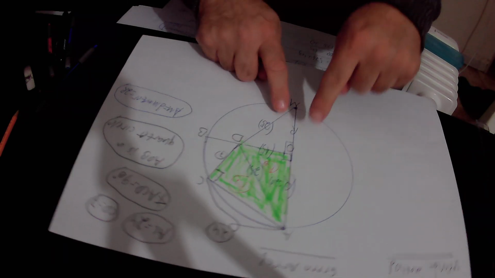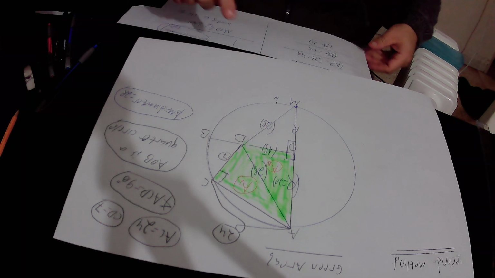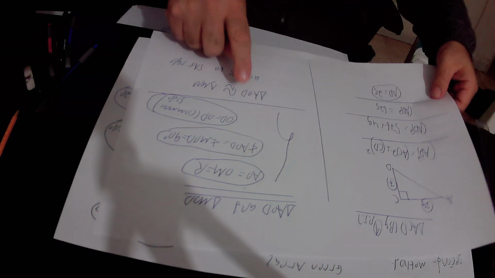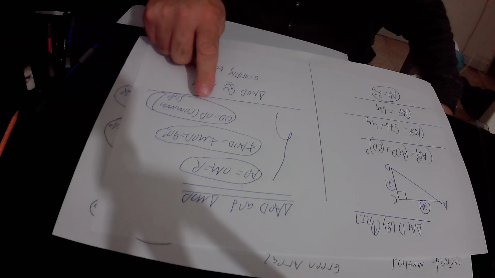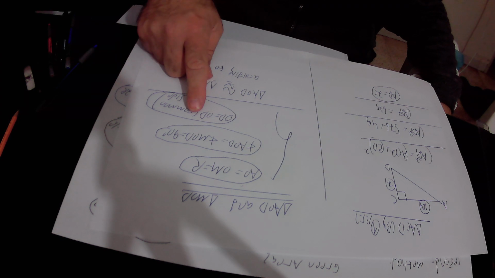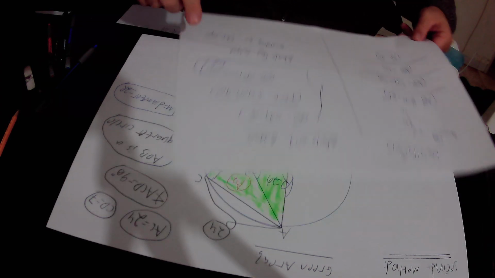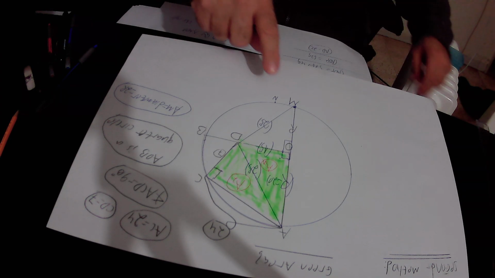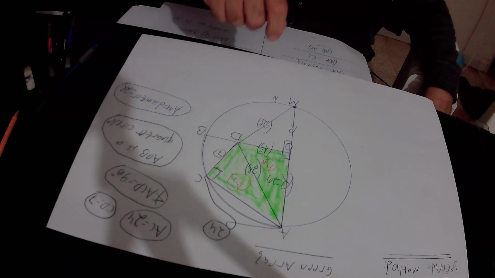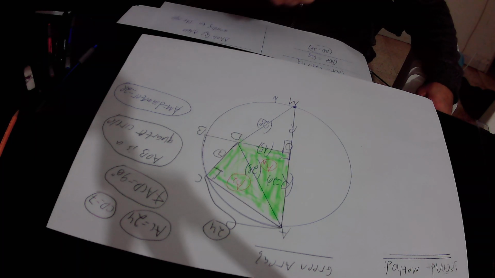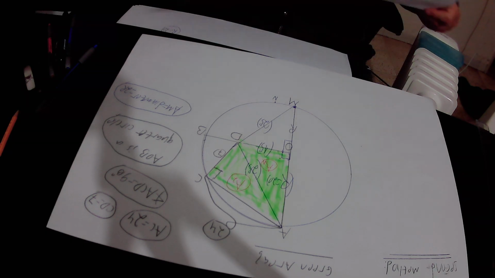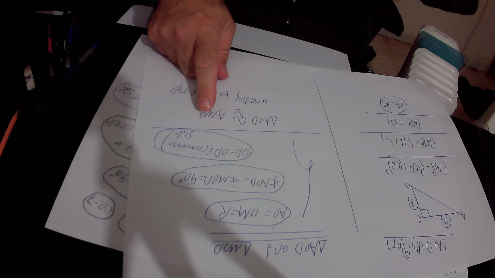In addition, those two angles are both equal to 90 degrees, therefore they are equal to each other. Angle AOD in the green triangle equals angle MOD in the white triangle. And finally, side OD is the common side that belongs to both triangles, so OD equals OD.